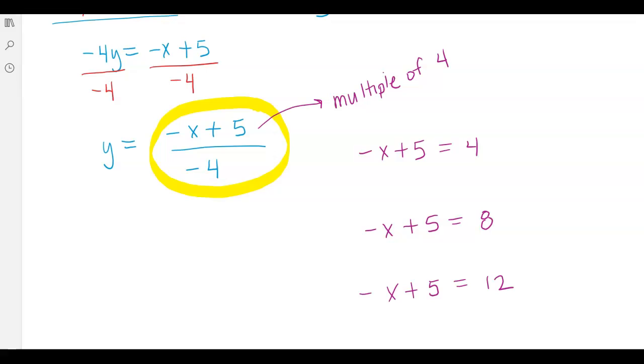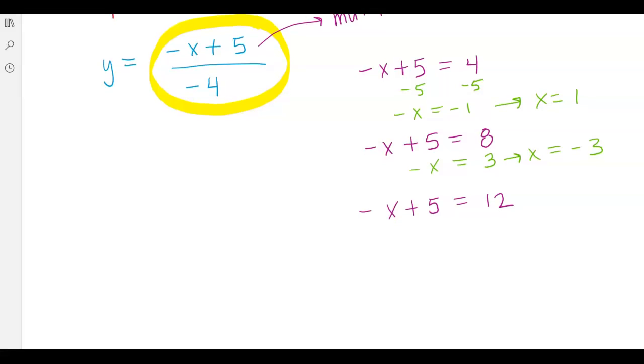In this first example, we get that -x is equal to -1, or x is equal to 1. In the second example, we're going to end up with -x is equal to 3. So x is equal to -3.